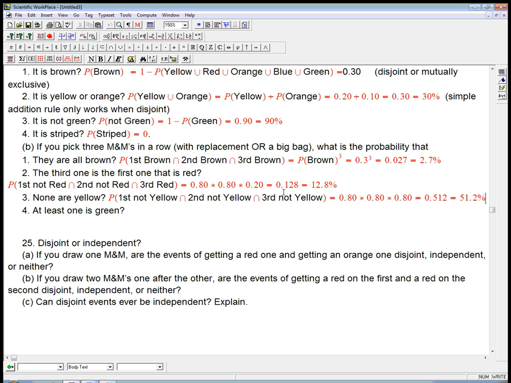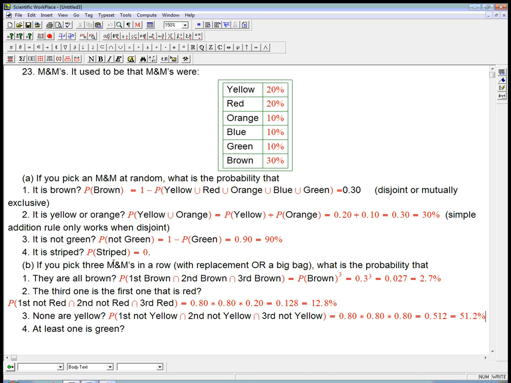Yep. It's important that none being yellow is different from just not all being yellow. You could mistakenly figure out the probability that they're all yellow and then just take the complement of that. We really need to take the complement on each M&M. The first one is not yellow, that's the 80%, that's a complement.